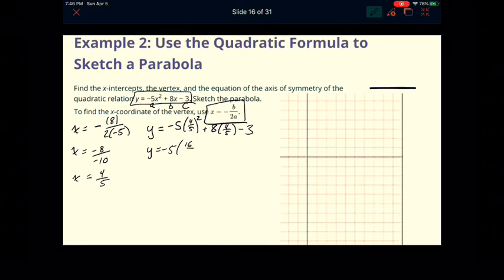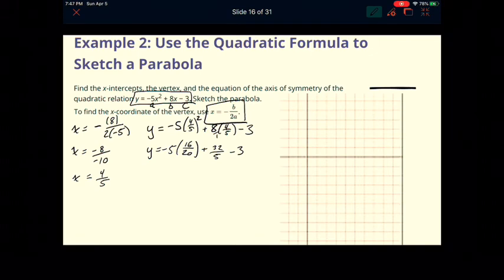So we end up with 16 over 20 plus, and remember that when we're doing fractions, that 8 is over top of 1. We multiply the tops, we multiply the bottoms. So we end up with 32 over 5 minus 3.